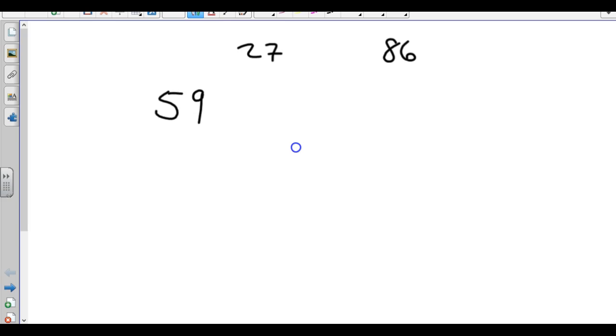Okay. So you can double check to make sure that you're right. If you add your lowest value to your highest value, that should get you to 1 more than 86, if you want to include 86.